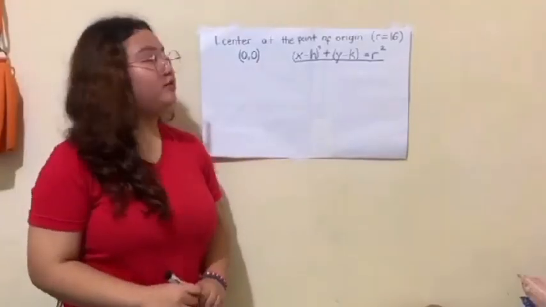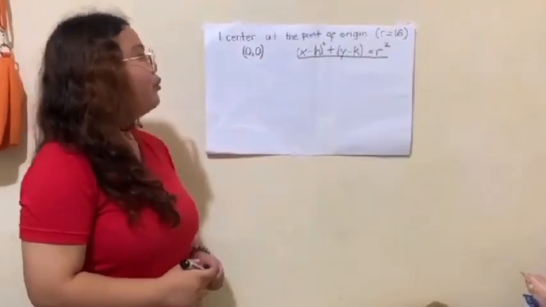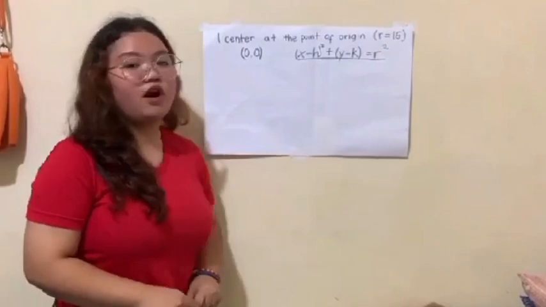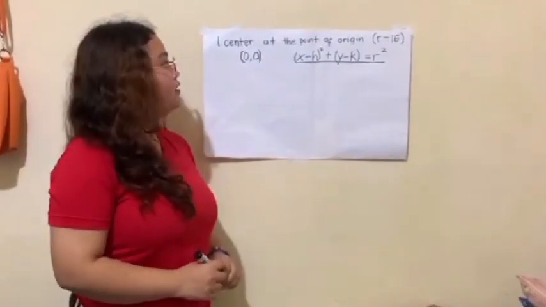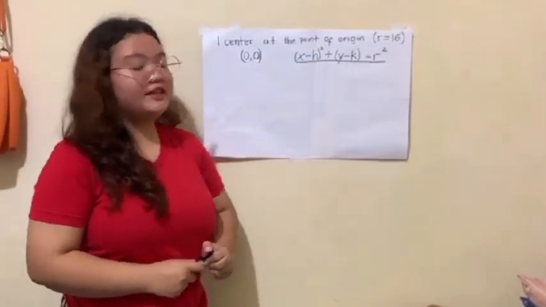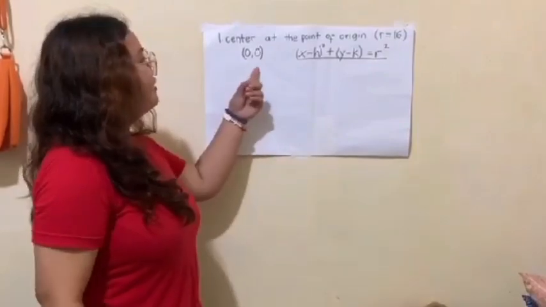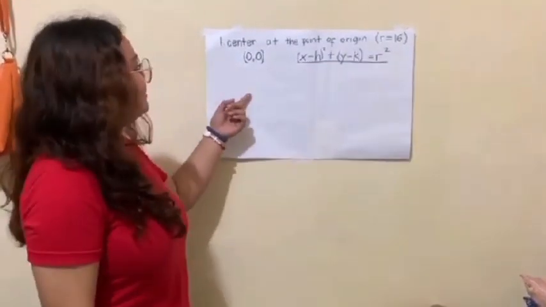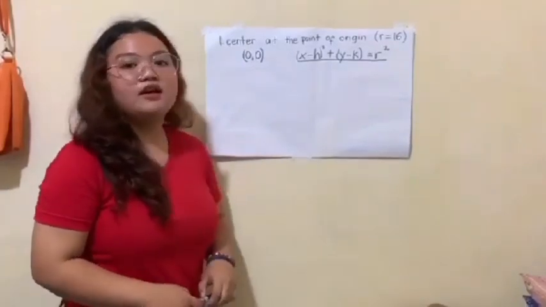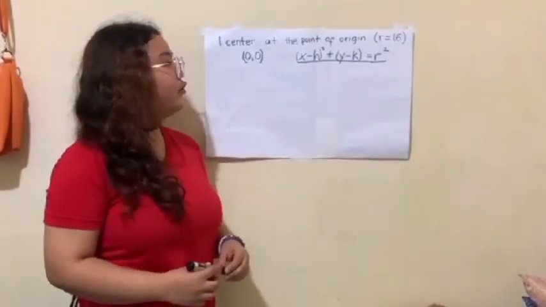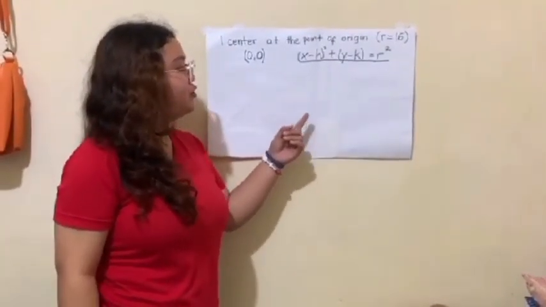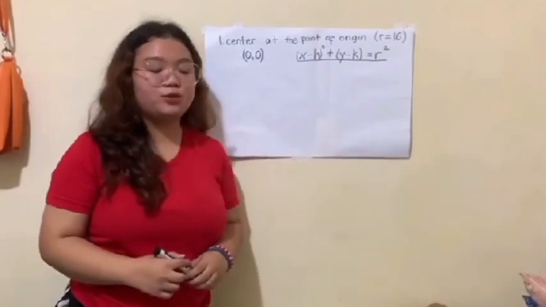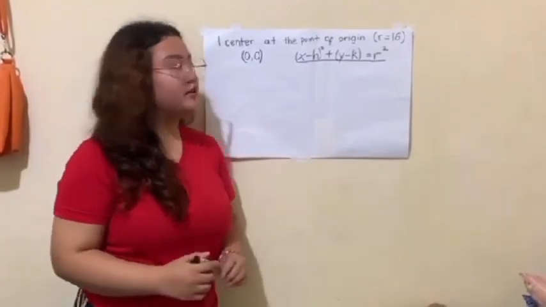Our first problem is a circle with center at the origin and a radius of 16. First, we must consider that our center is at the origin, which means its coordinates are 0, 0. To solve, we need to use the formula (x minus h) squared plus (y minus k) squared equals r squared.